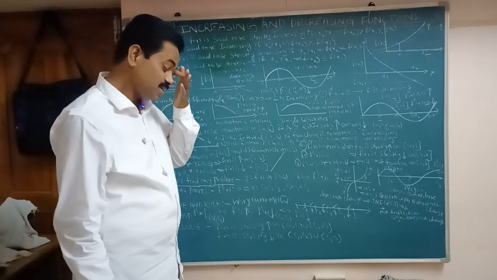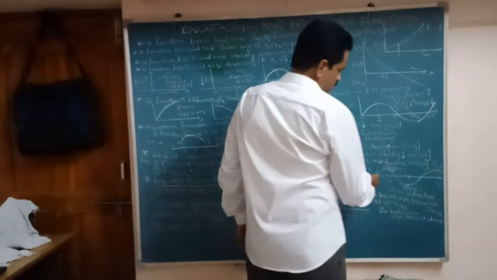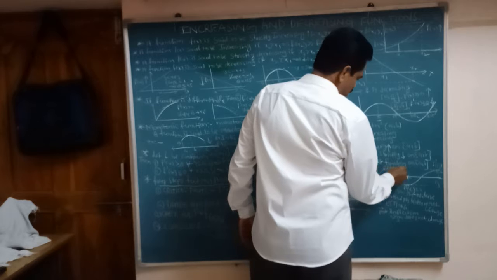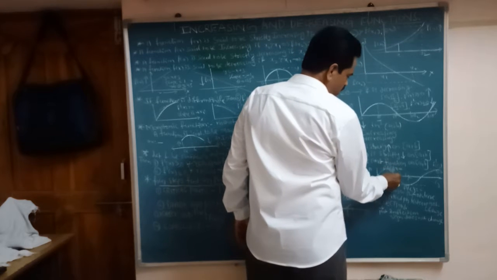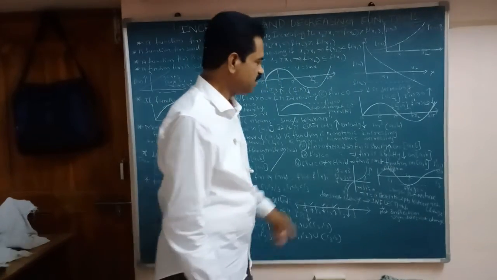Critical points are where the function changes its nature. Suppose this is 0 to pi by 2 and pi by 2 to pi; it changes here.